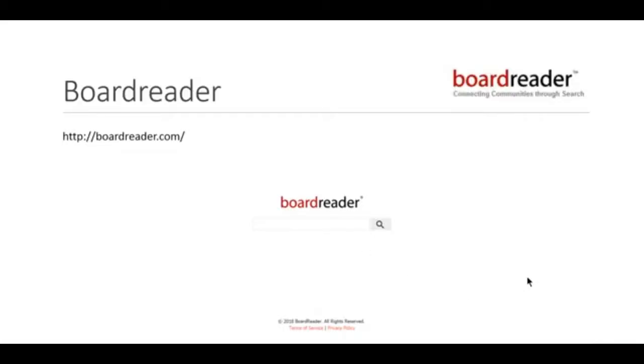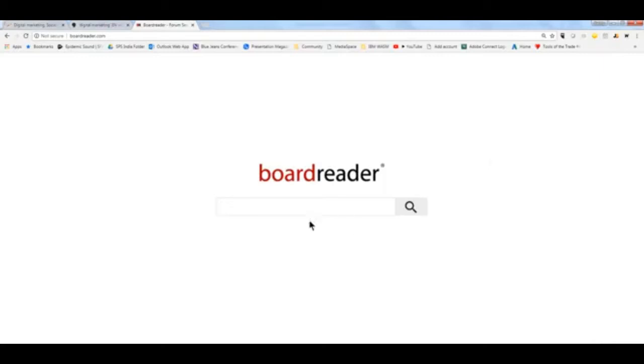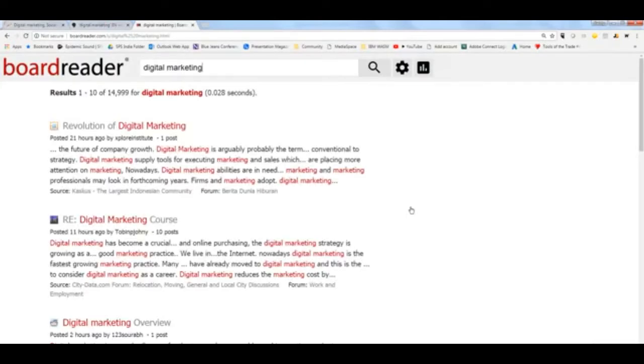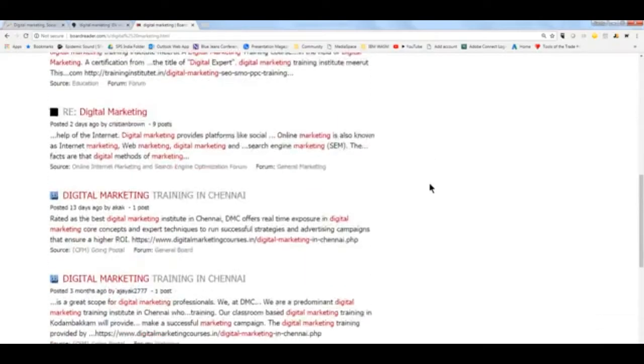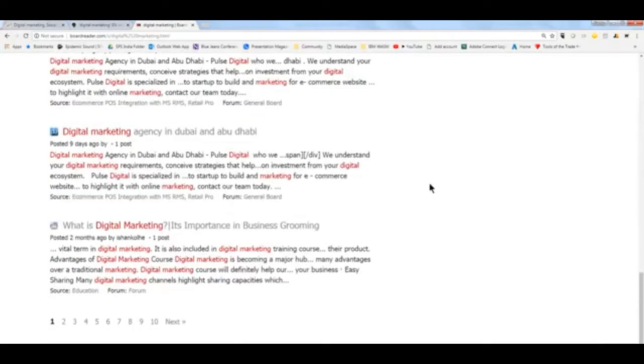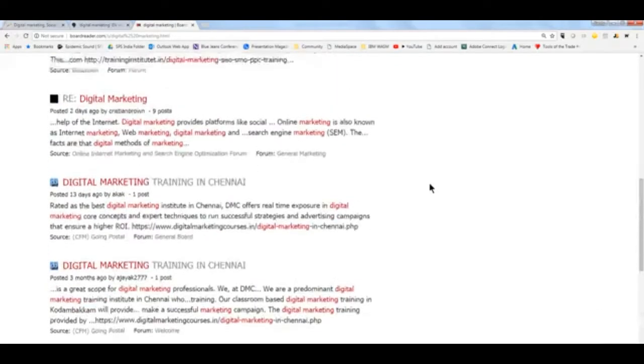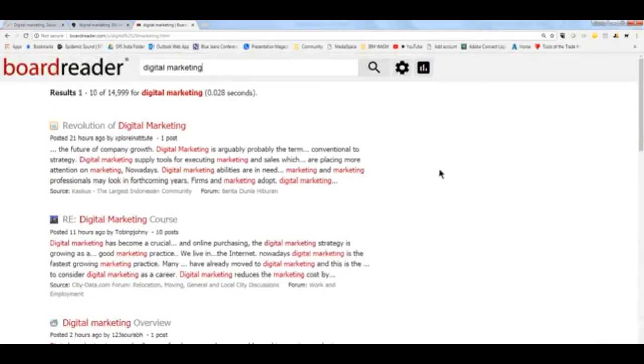Another real useful tool is BoardReader, which is a part of Social Gist, which is a major compiler of data across the social spectrum. BoardReader looks very simple, but there's a lot of sophistication to it. If I put in digital marketing and then do a search, it's going to pull down all of the digital marketing conversations that have happened throughout the world today.